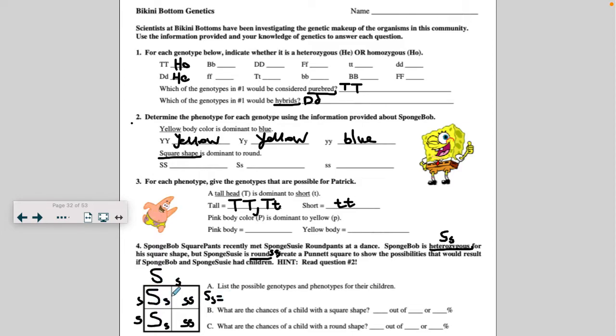We got 1, 2. So I'm going to say 2 out of 4. And then I'm going to write the other genotype. I see little s, little s, and it looks like it's also 2 out of 4.